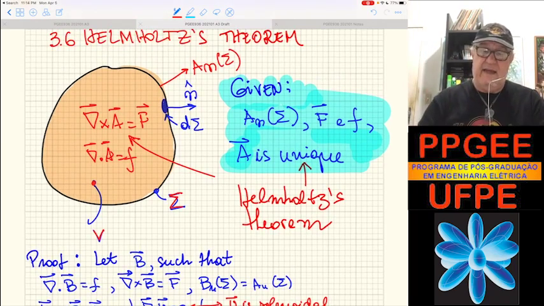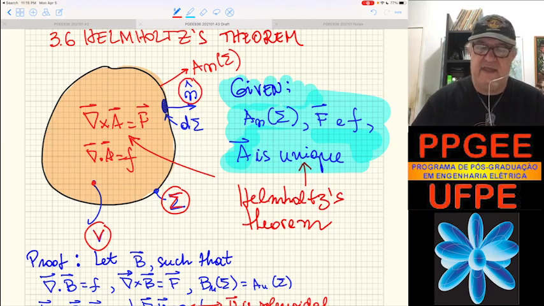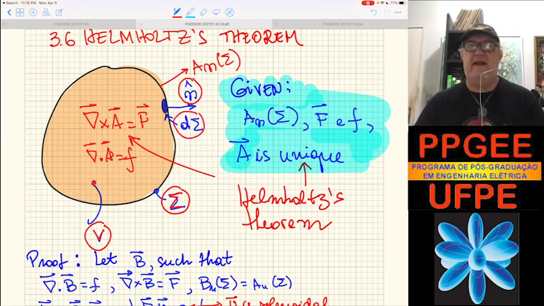Well, some elements that appear: we have a volume, right? It has the surface. We have the normal outwards, the volume on the surface, and the scalar area element, which is the sigma.